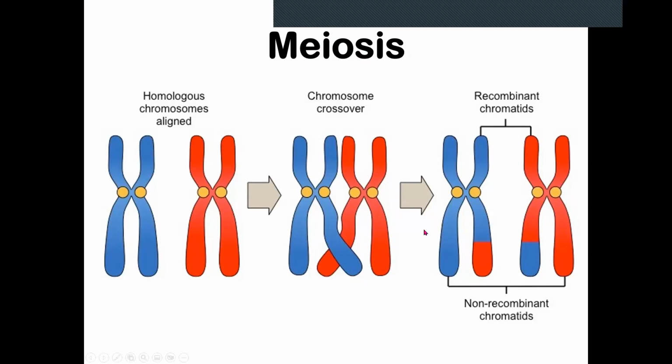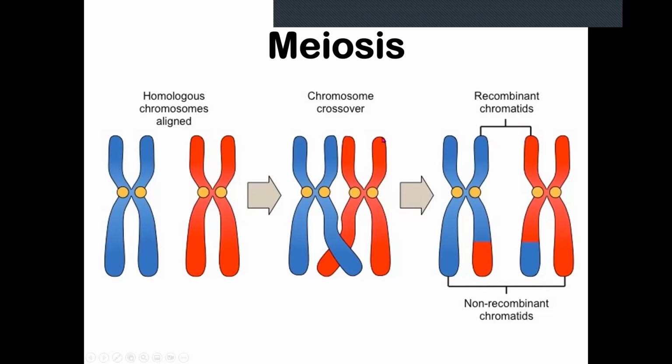Homologous means the same. Let's say chromosome number 1, so they're both number 1. It could be chromosome 16. They're both the same. This is called chromosome crossover, and these are called recombinants, because they have recombined material from each other.